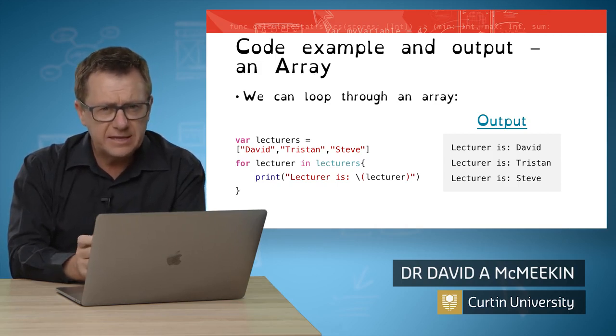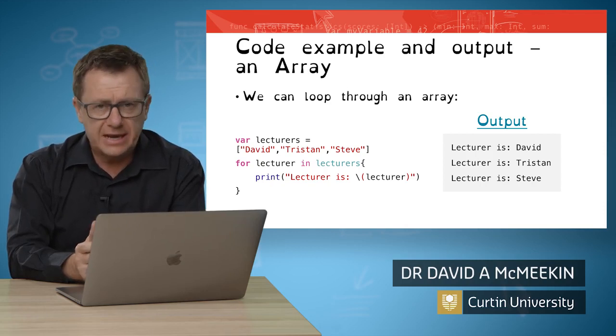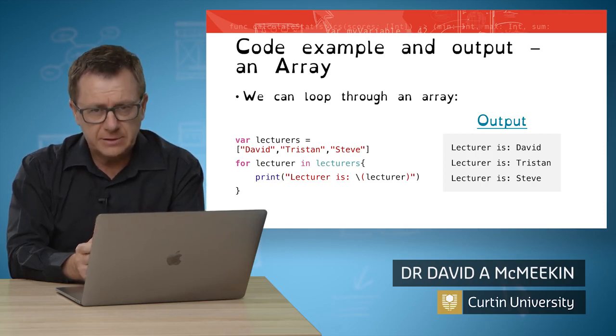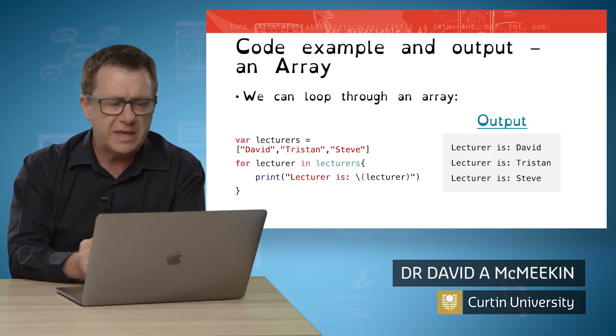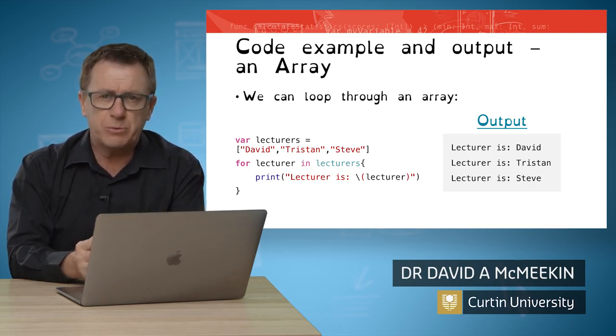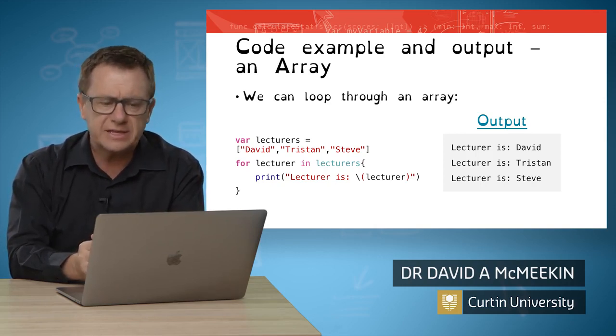Again, I've taken a variable that I've really created called lecturer in lecturers, and we say print lecturer is, and then we use that substitution construct where we have the slash open bracket lecturer close bracket for our print statement, and we have the output lecturer is David, lecturer is Tristan, and lecturer is Steve.